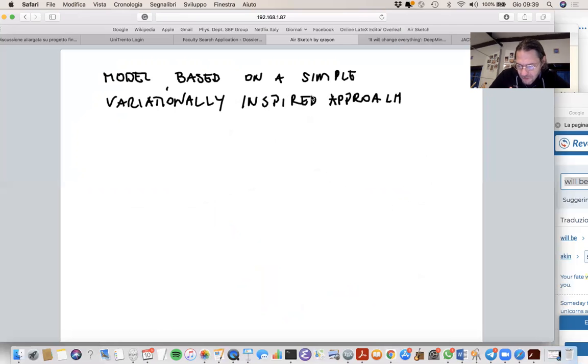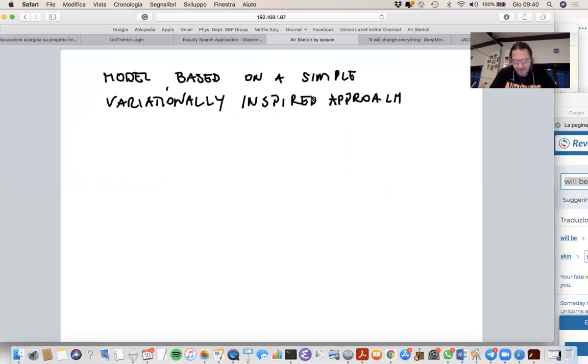Why do I call it variationally inspired? Because as we shall see in a moment, I will not involve any incremental change of any variational parameter. I will just confront the two scenarios and choose whichever has the lowest energy, which is inspired by the Ritz theorem.